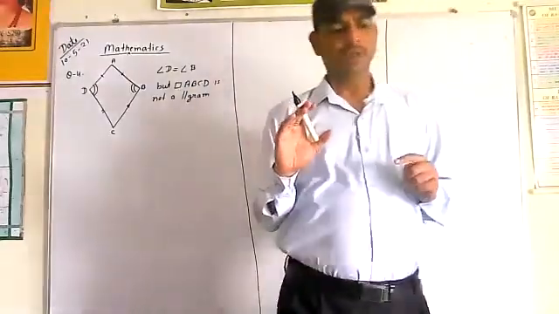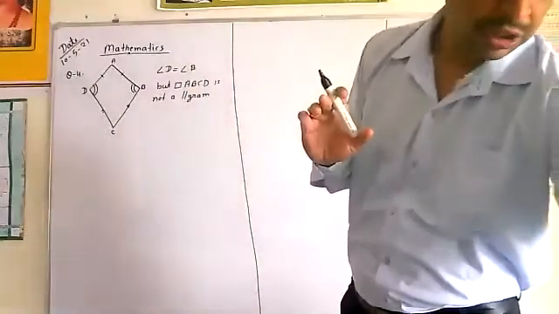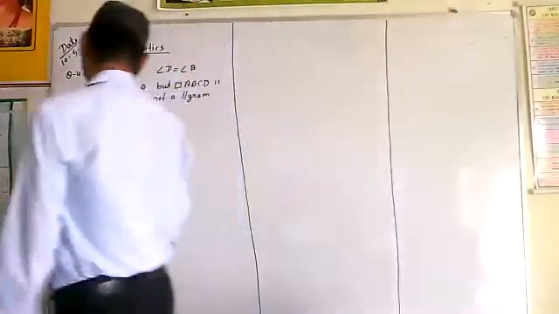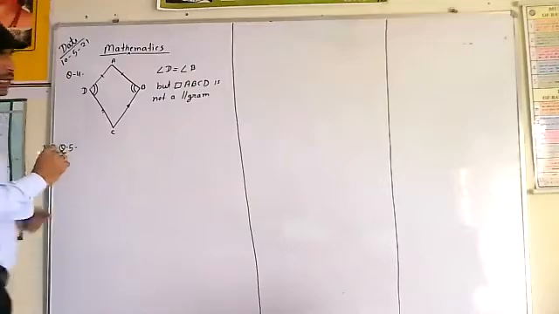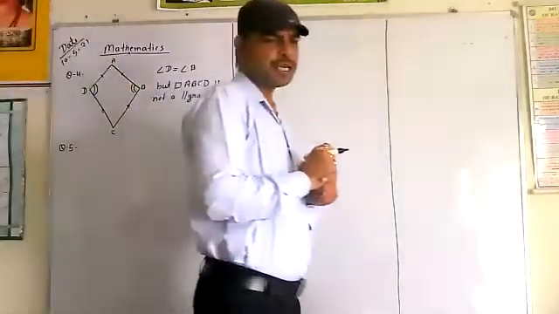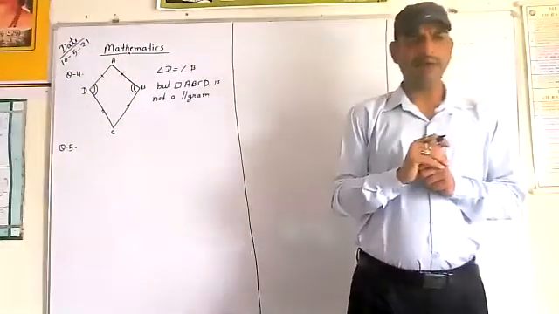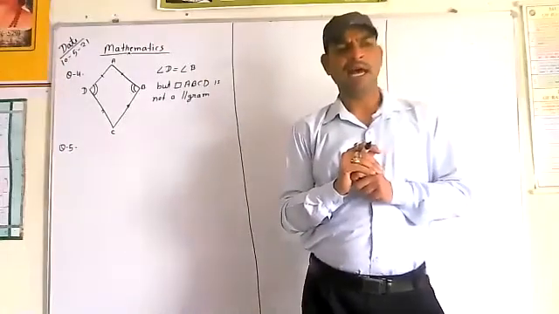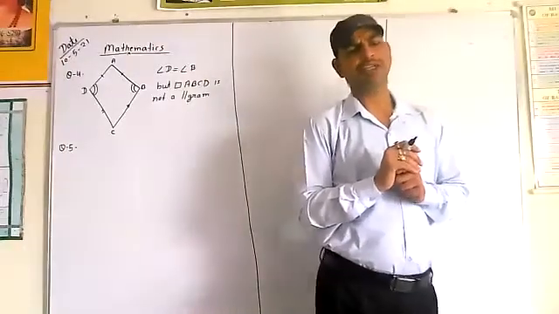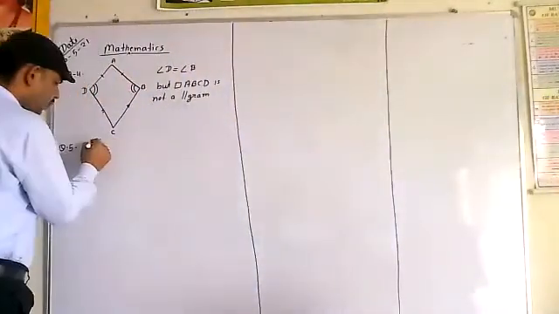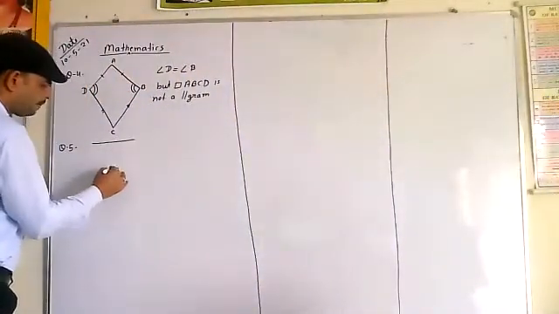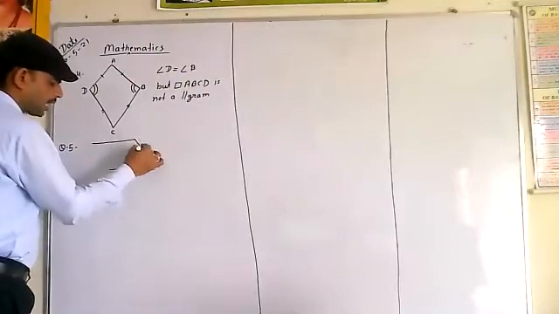Okay, students. Now, next question number 5. In question 5, the measure of two adjacent angles of a parallelogram are in ratio 3:2. Listen, students. This is a parallelogram.